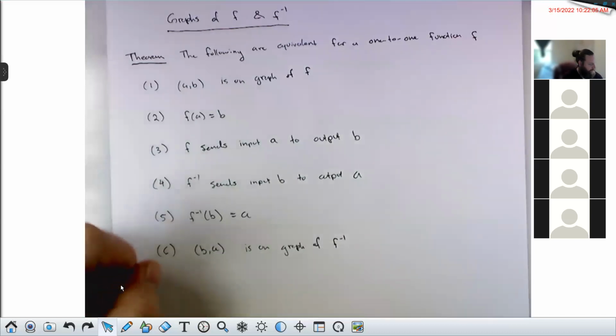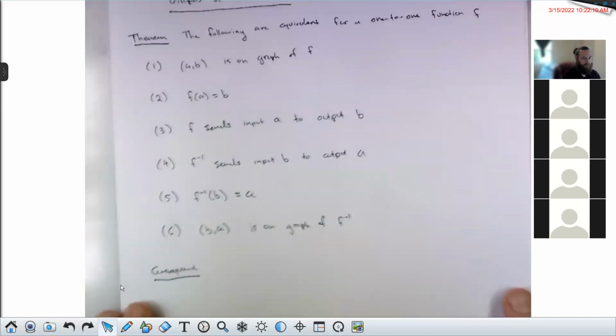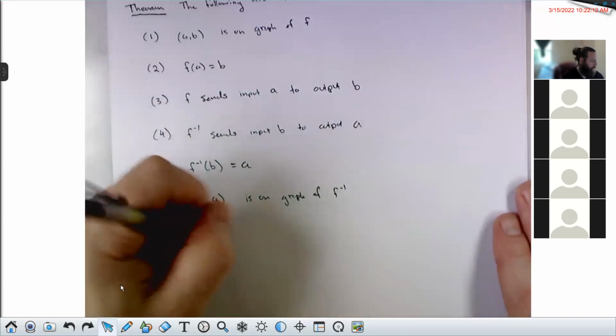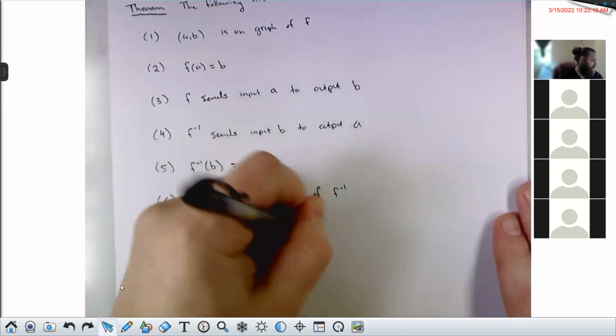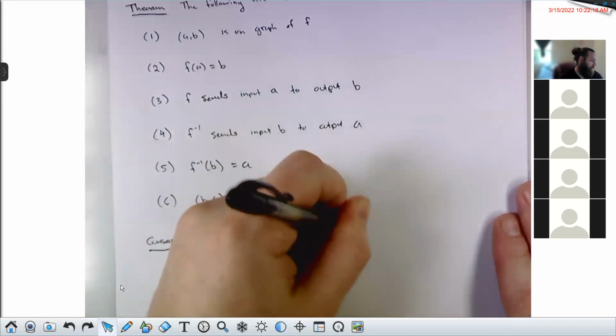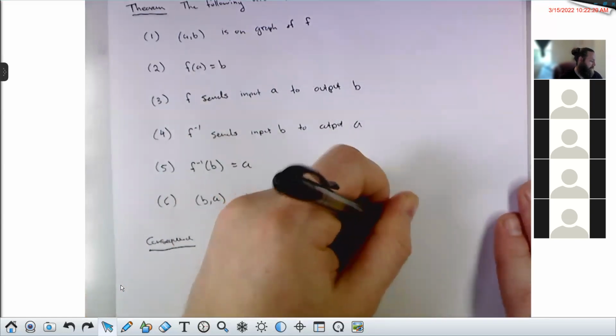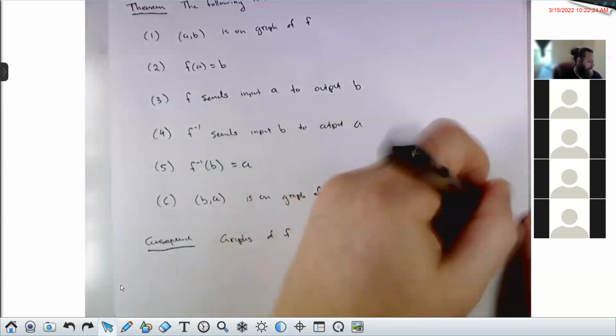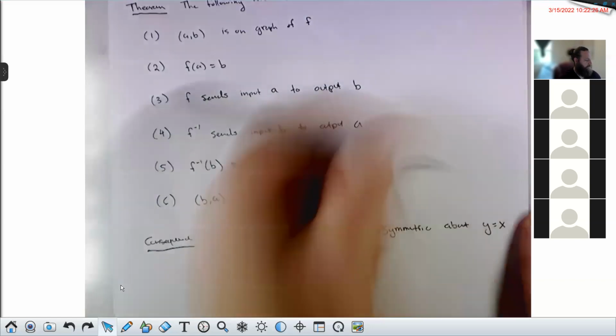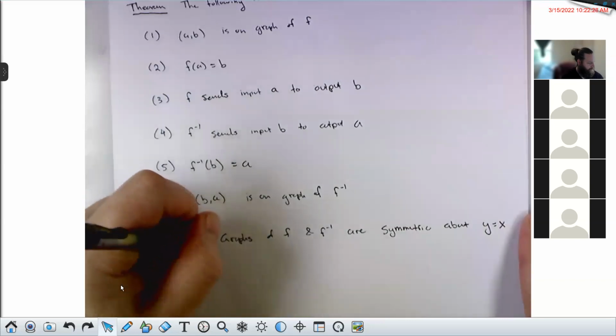A consequence? Just say it. Graphs of f and f inverse are symmetric about the line y equals x. That's one.